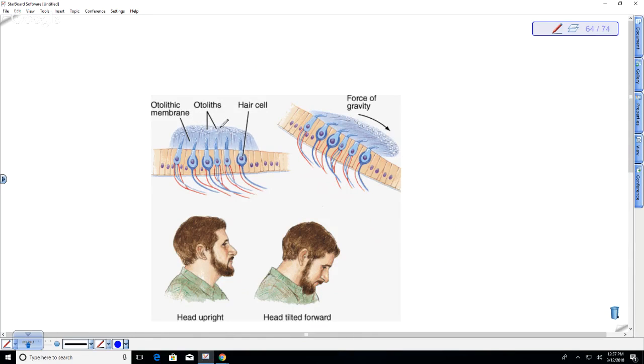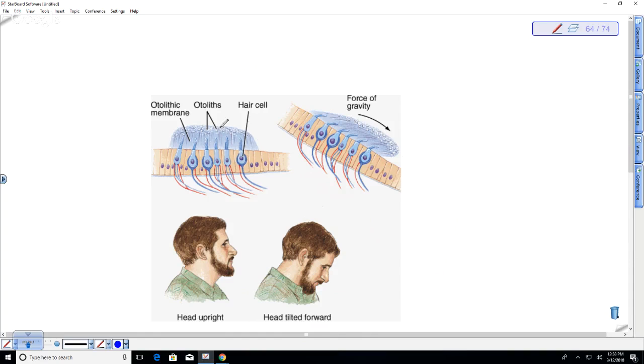And this actually allows you to determine your orientation to gravity and also vertical acceleration. So this is what allows you to sense if you're moving up or down in an elevator. It also allows you to tell whether or not you're accelerating forward in a car, right? Or when you stop suddenly, it gives you information about that as well.